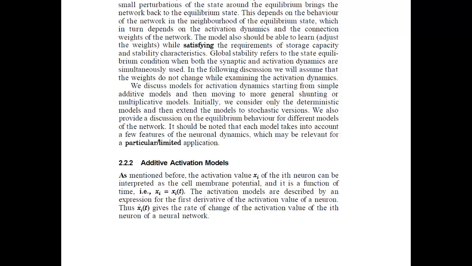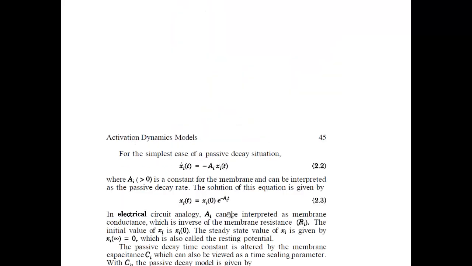Thus x of I dot gives the rate of change of activation value of the ith neuron of a neural network. So here the first value and the last value are important. In the simplest way we can express this as x of I dot is equal to minus a of I x of I of t, where a of I is greater than 0, a constant for the membrane, and can be interpreted as the passive decay rate.